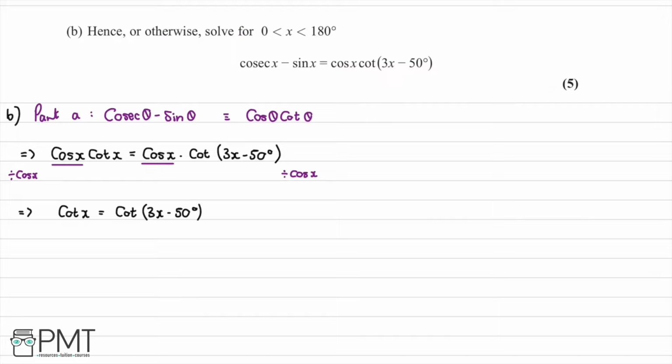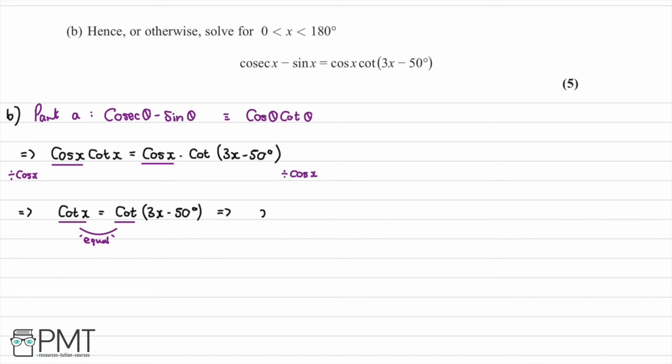So therefore we can see that x is going to be equal to 3x minus 50 degrees. And this is just from the fact that these coefficients are the same. So we have cot on both sides. So therefore, from this, we'll just write in here that these are equal, if you like.